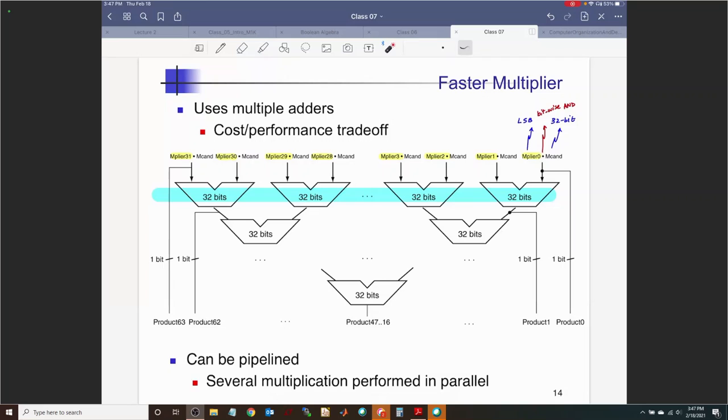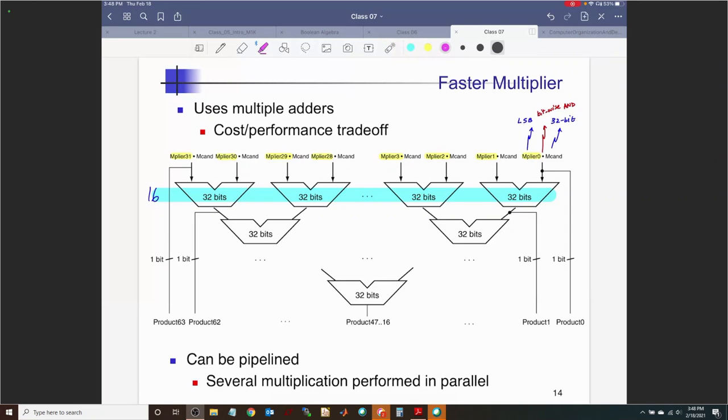Am I going to have 32? 16, right? 16. Because I'm doing 2 into 1, 2 into 1 and 2 into 1. So 16 32-bit additions happen there. The results of those go down to the second level.